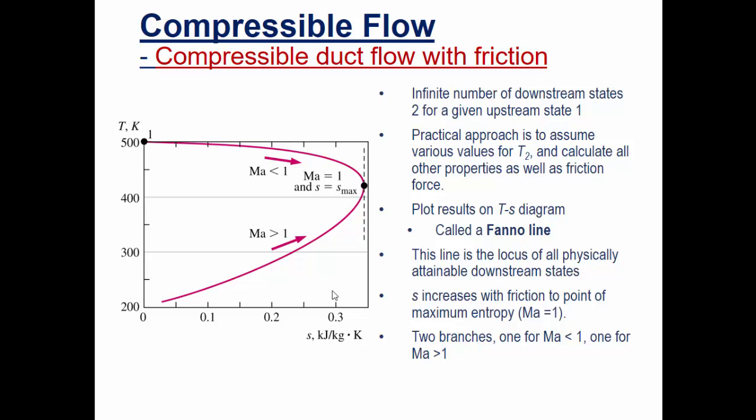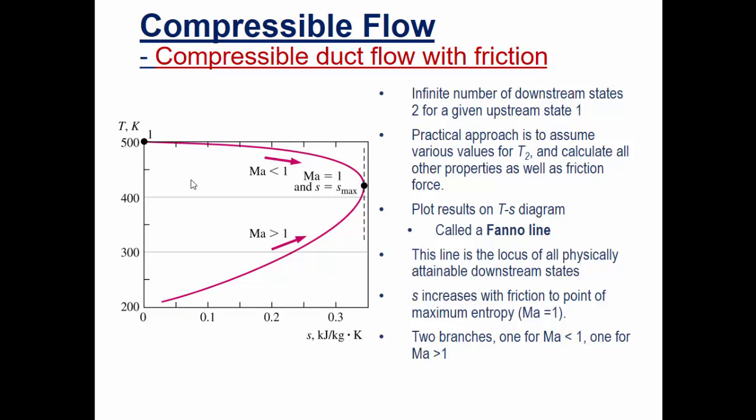First, when we plot the results from the five equations that we have previously on the T-S diagram, we will have a line which we call the Fanno line. I believe you have seen this previously in the normal shock wave along with the Rayleigh line.